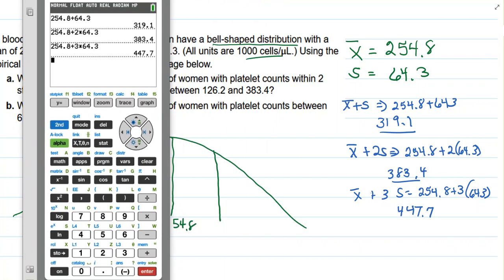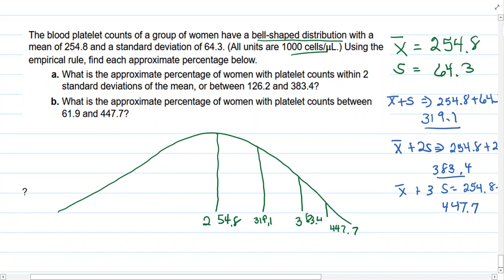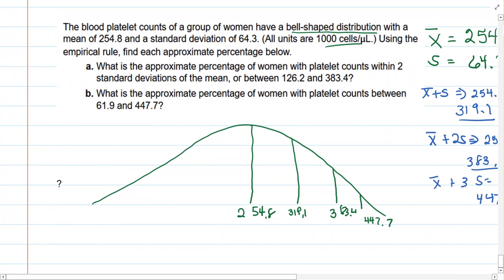So this is 319.1, 383.4, 447.7. So if I go to the left, I have to subtract.